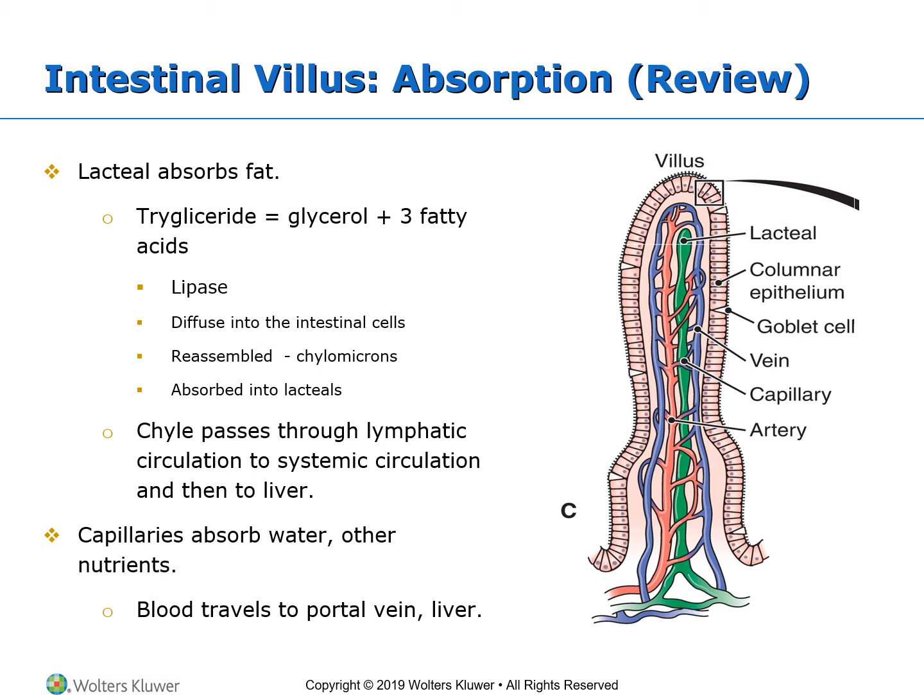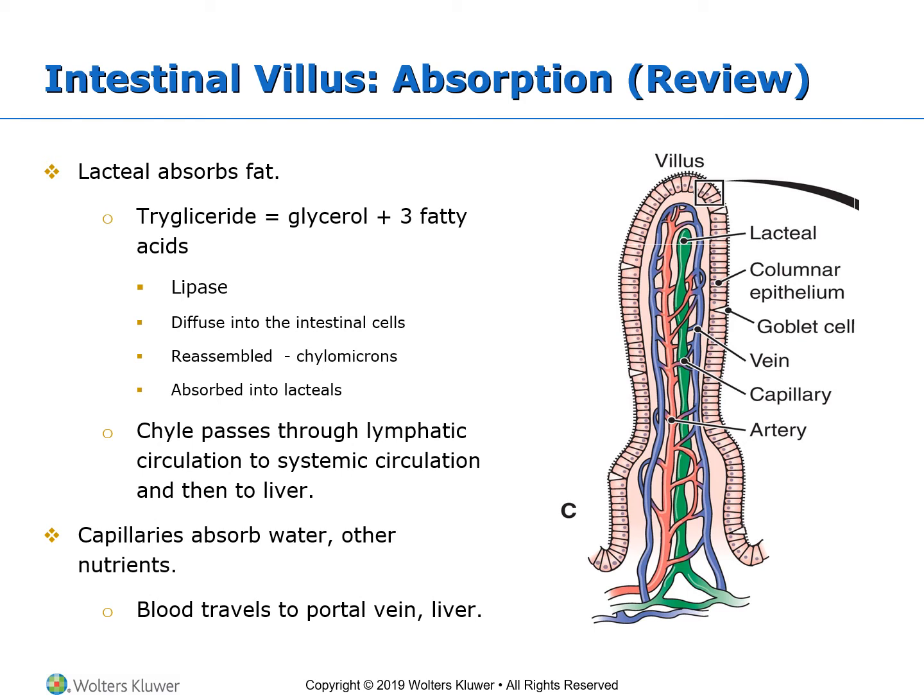The mixture of lymph and fat that will be drained out from the small intestine is called chyle. The chyle will merge with the lymphatic circulation and eventually end up in the bloodstream through the lymphatic drains in the veins near the heart.